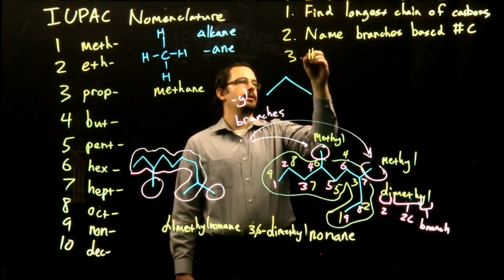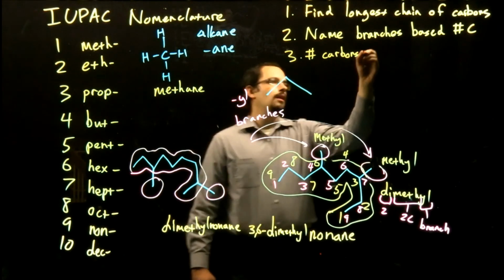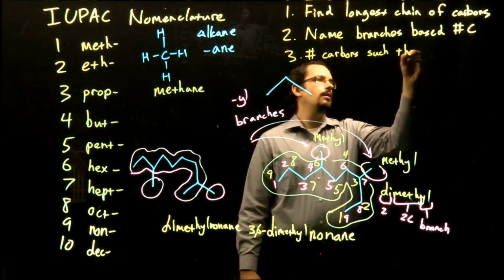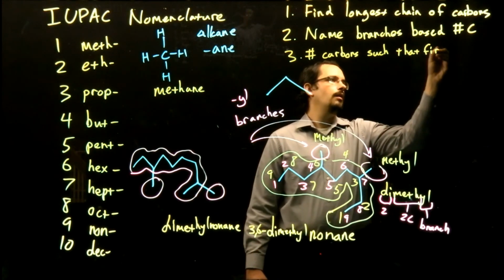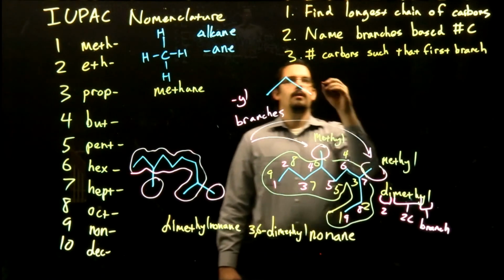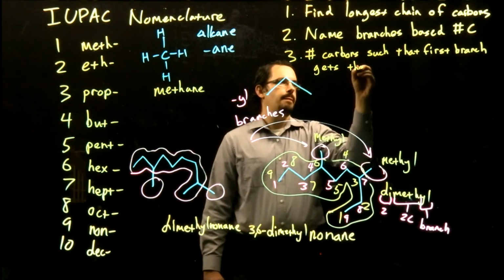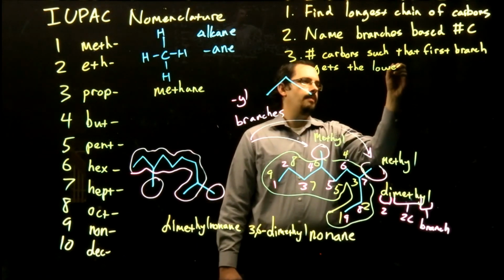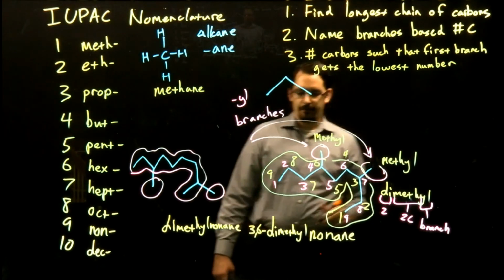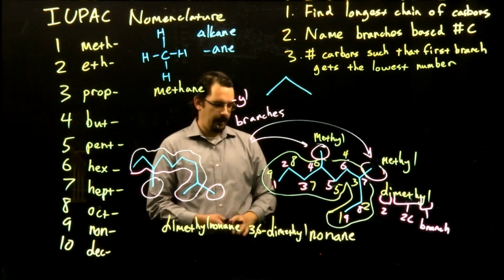So we're going to number carbons such that our first branch gets the lowest number. So the first branch that we encounter should have the lowest possible number that we can get.